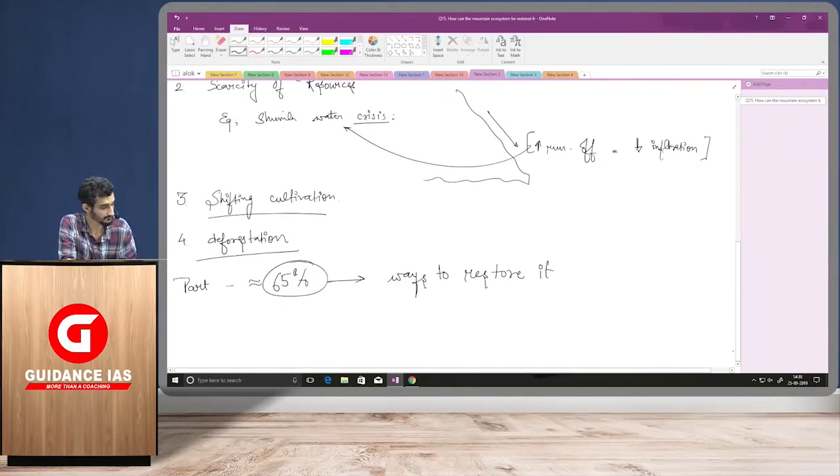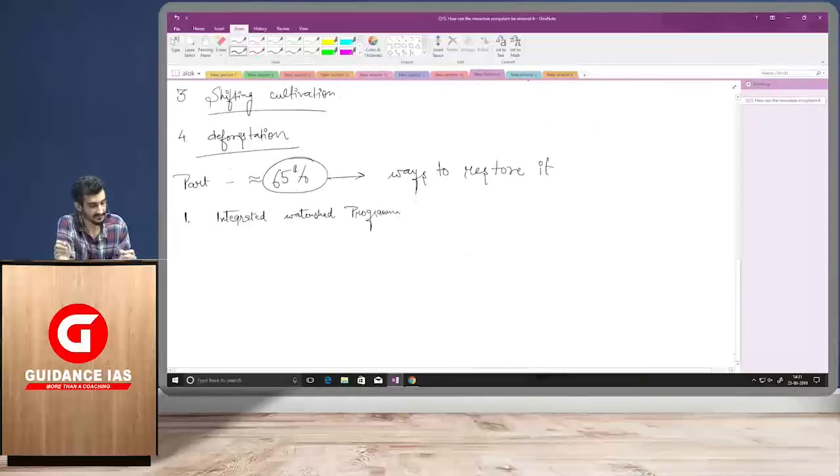So if we talk about first, that is the integrated watershed program. The integrated watershed program consists of an integrated approach with respect to land, soil, water, biomass, food.